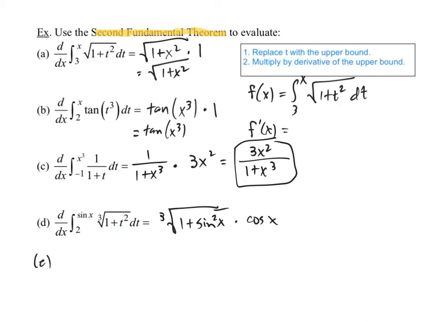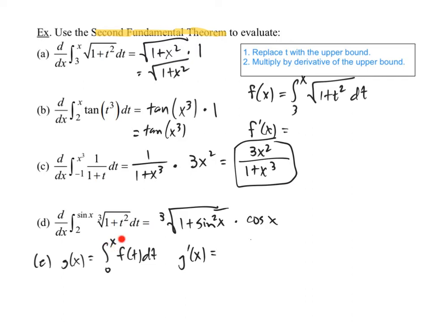Now, real quick before we move on, I want to add an example here. What if g of x was the integral from, let's just say, 0 to x of f of t dt? The AP exam loves to give examples of functions like this. If this were the function g of x, then the derivative of g, g prime of x, would equal, well, again, we would be using the second fundamental theorem of calculus because I'm trying to take the derivative of an integral.